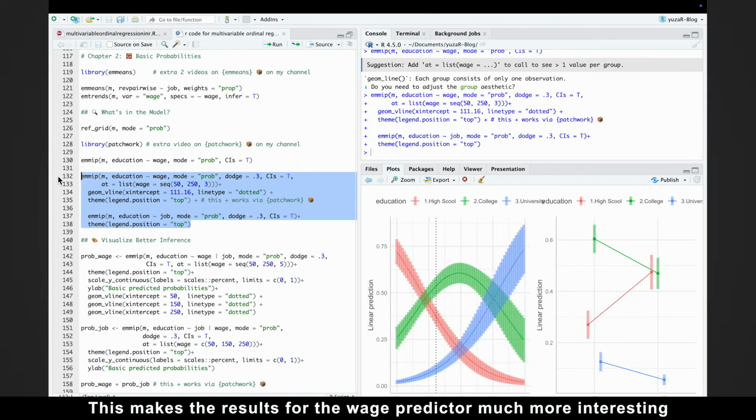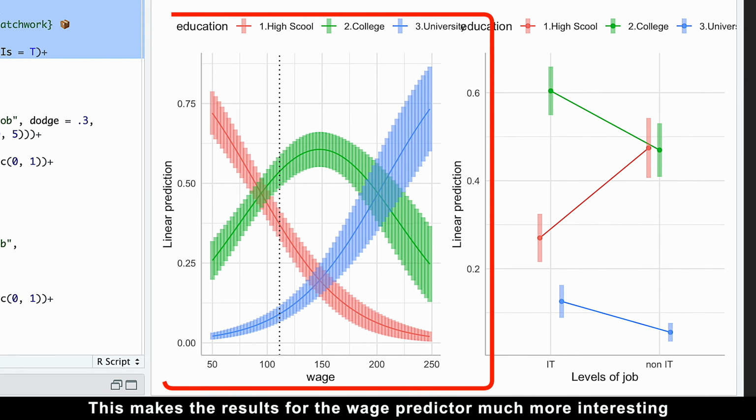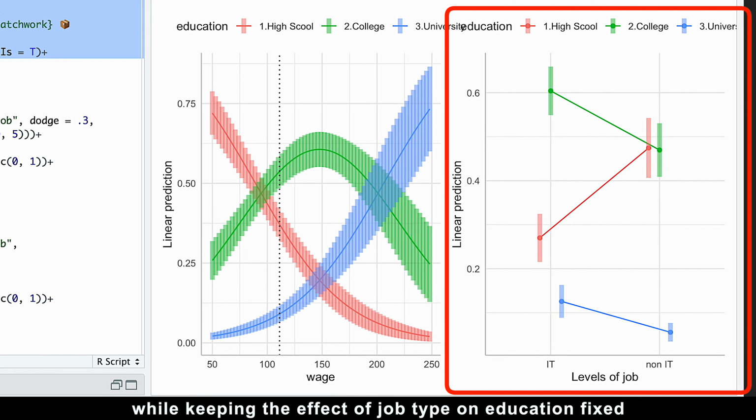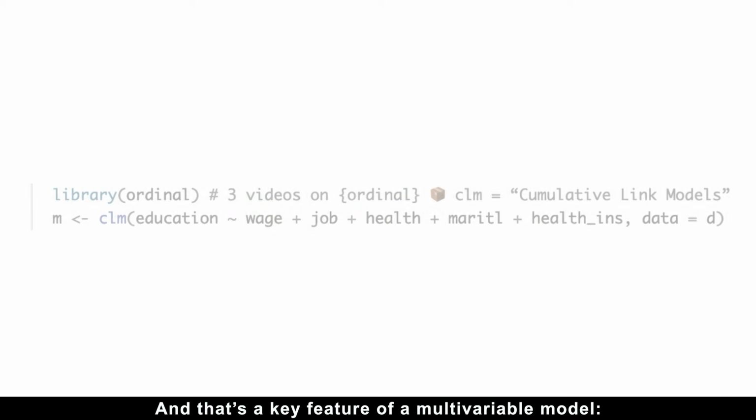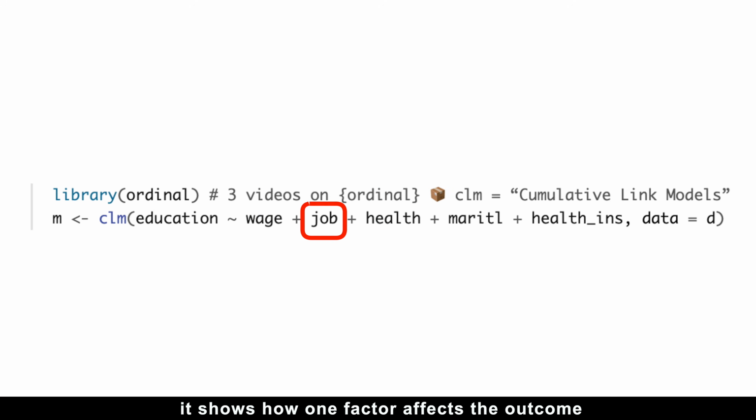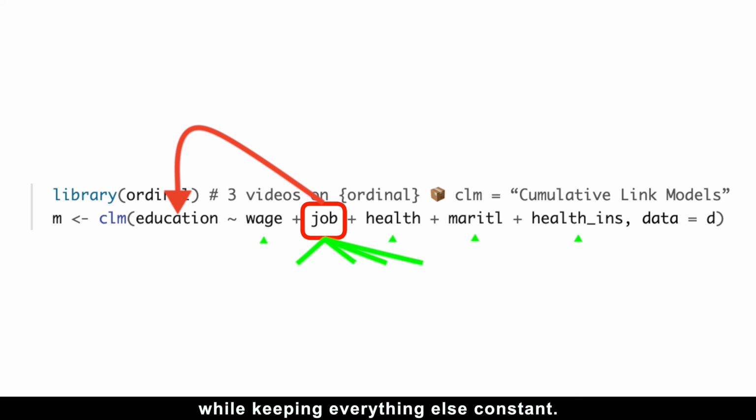This makes the result for the wage predictor much more interesting, while keeping the effect of job type on education fixed at the average wage of $111,000. And that's a key feature of a multivariable model. It shows how one factor affects the outcome while keeping everything else constant.